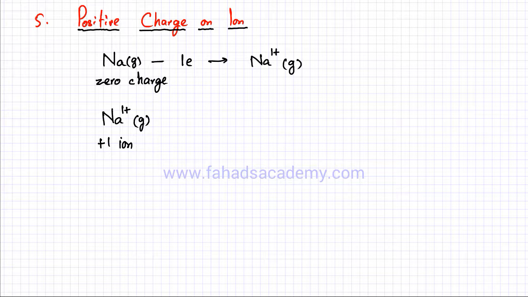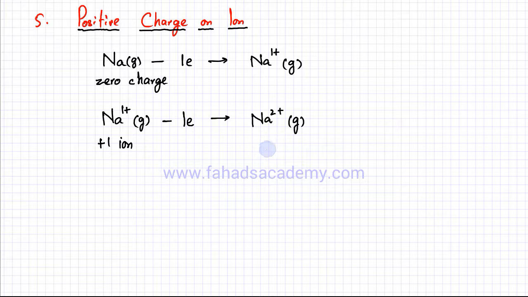So removing an electron is going to become more difficult because now sodium is attracting electrons more strongly. It now has an overall positive charge. So when you try to remove an electron from sodium 1 plus, you're going to get sodium 2 plus. And let's ignore all the other factors and just focus on this positive charge on the ion. Let's ignore all the other four factors that we just studied.